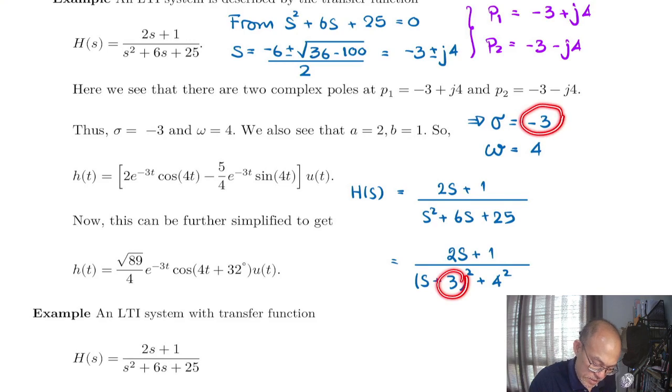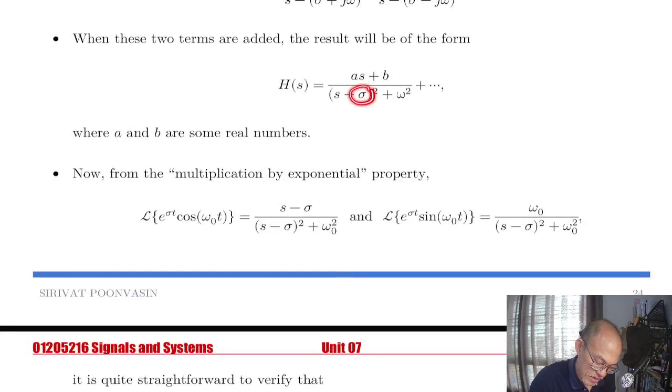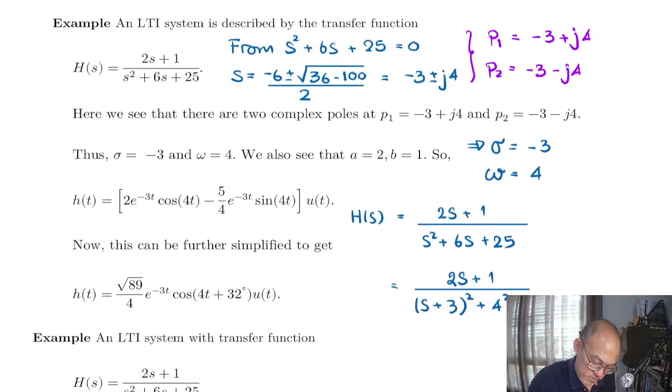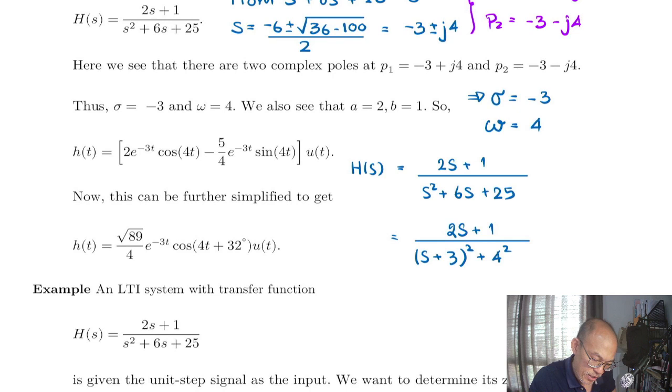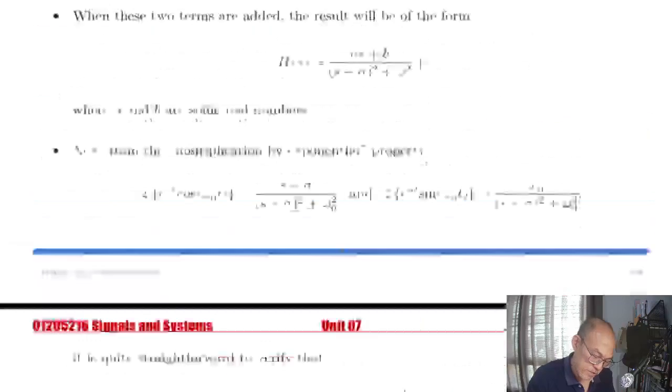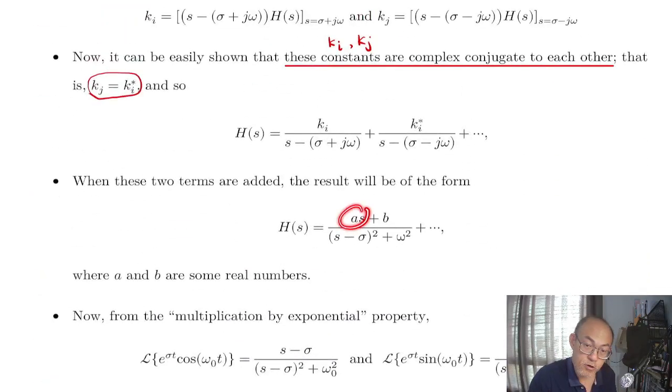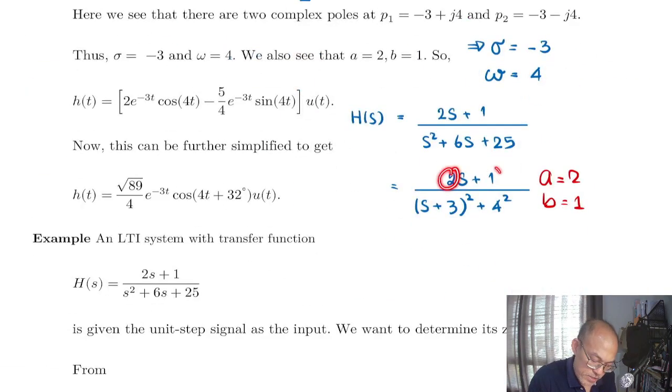See here, sigma, right? So sigma goes here, and omega goes here, and the numerator is 2s plus 1. So here I know that a is 2, b is 1. Okay, see, a is the coefficient of s, b is the coefficient of s to the 0. a is the coefficient of s, b is a constant. So a is 2, b is 1.